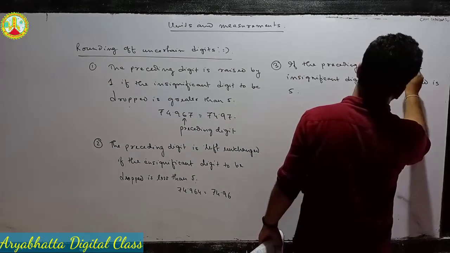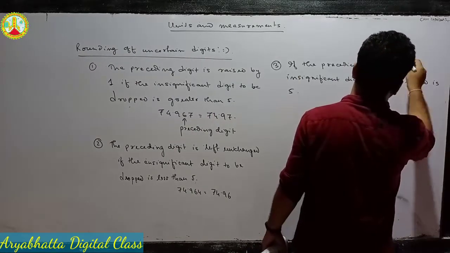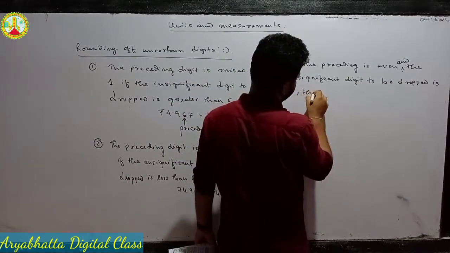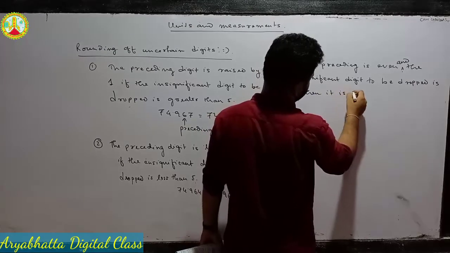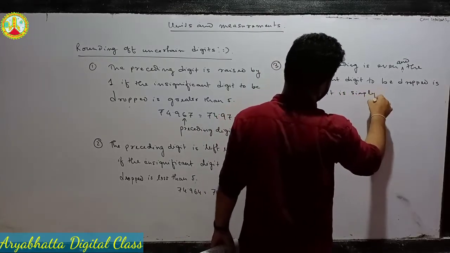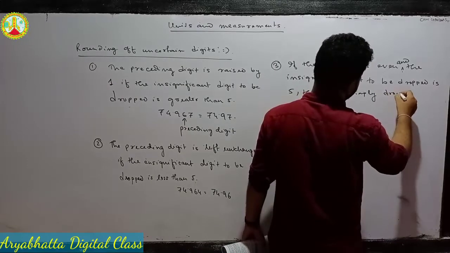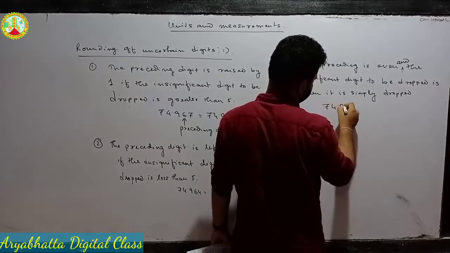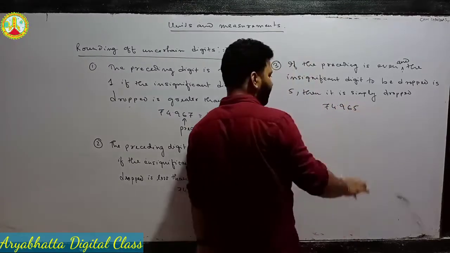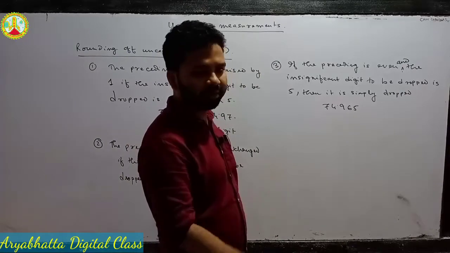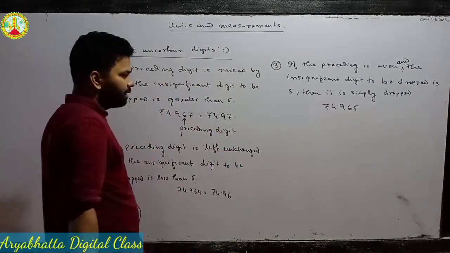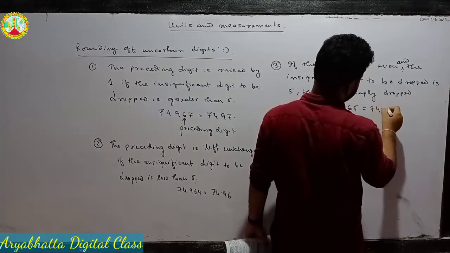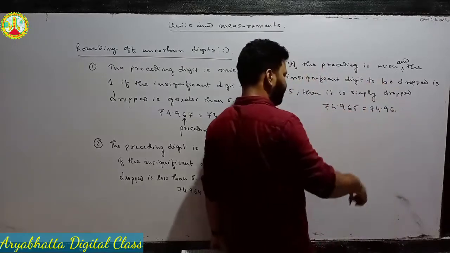If the preceding digit is even and the insignificant digit to be dropped is 5, then it is simply dropped. That means there will be no change in the number. For example, suppose the number is 74.965. 5 is not less than 5, nor greater than 5, so you cannot use these two rules. But look at the preceding digit. This is even, so it will be 74.96. You simply drop 5.